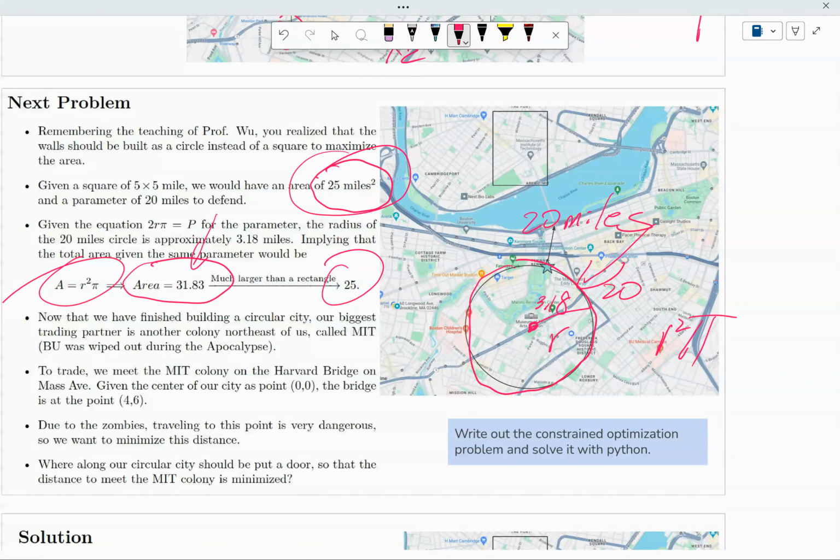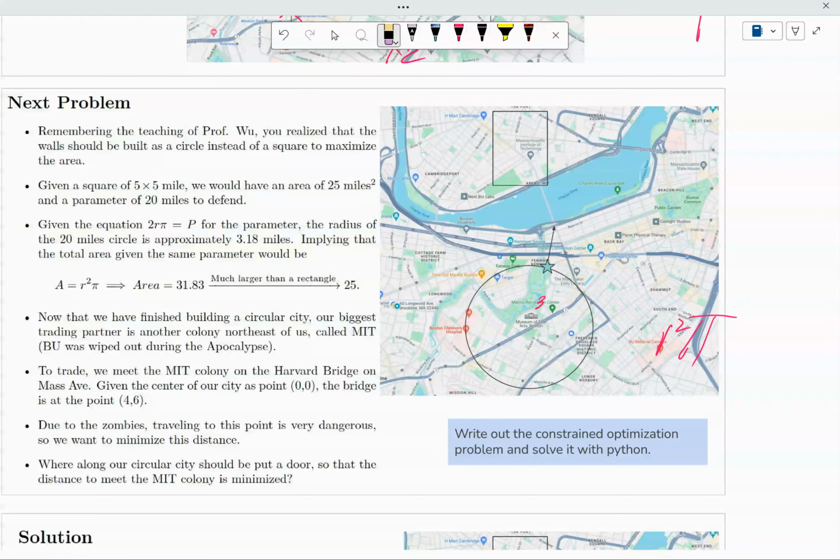Now let's say you did this. You ended up building a circle because you remember Professor Wu's class, and when we finish building the circle, there's another colony. We're the Northeastern University colony, and there's an MIT colony.